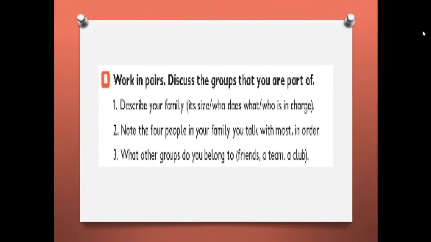Now let's move to practice number B, work in pairs. Discuss the groups that you are part of. Number 1, describe your family. You have to put into your consideration its size, who does what, and who is in charge. Number 2, note the 4 people in your family you talk with most, in order.